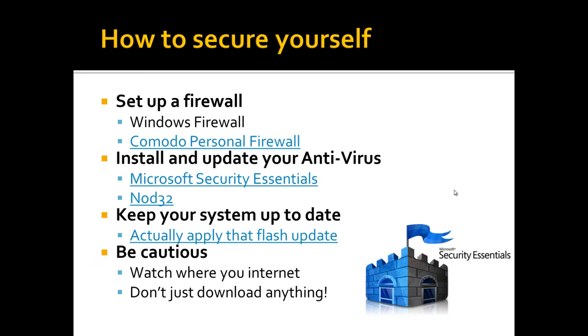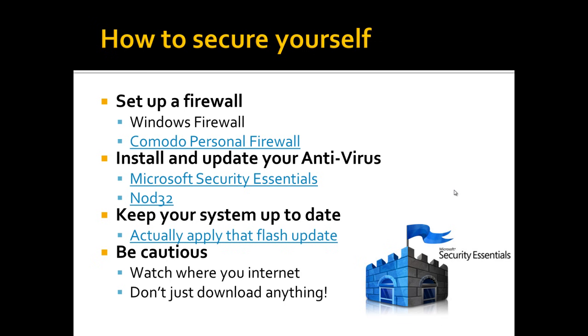If you have a firewall, such as the default Windows firewall today, that would by default block incoming connections unless you explicitly allow them. So a good thing to have is a firewall to prevent all those ports from being open to the internet and allowing anyone to control them or to send data to them. A good firewall is keeping the Windows firewall on if you're running a Windows system. Comodo Personal Firewall is a good third-party solution as well for Windows systems.